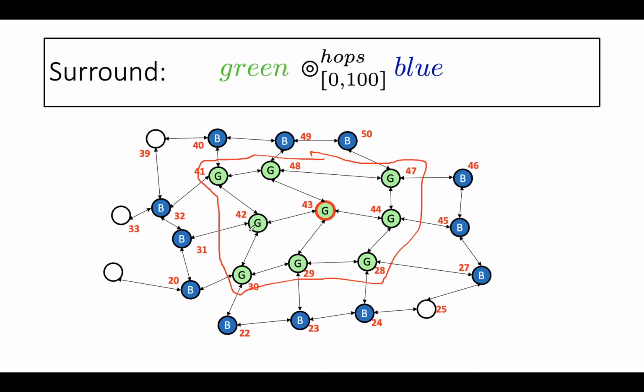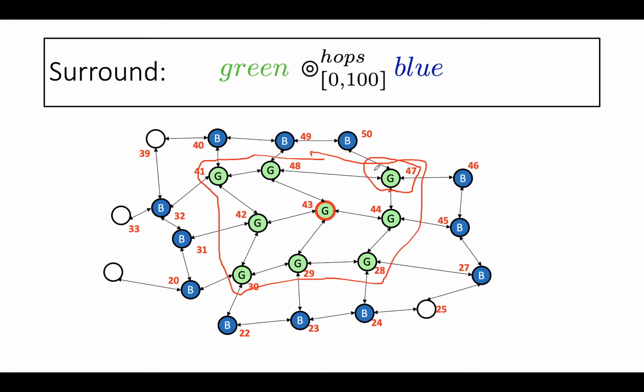Why? Let's, for example, consider this location 47. So we have a region that is the green region where all the elements are at a distance less than 100 from the location L47 for sure.